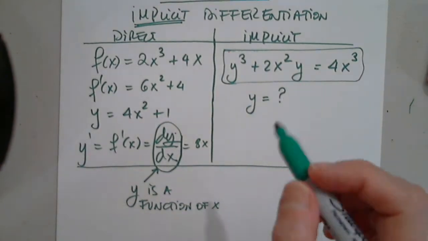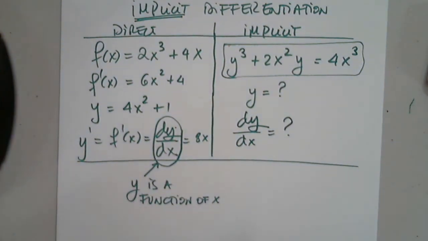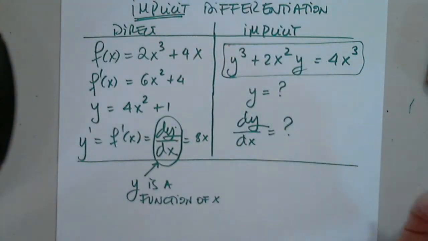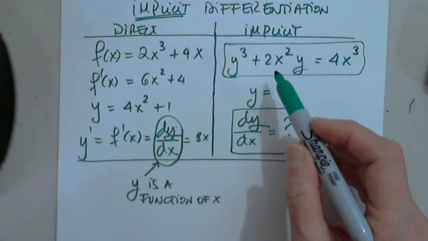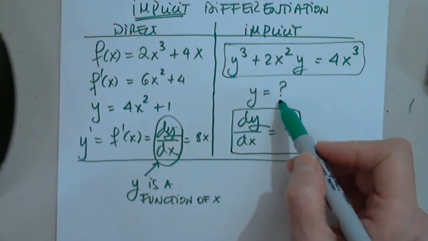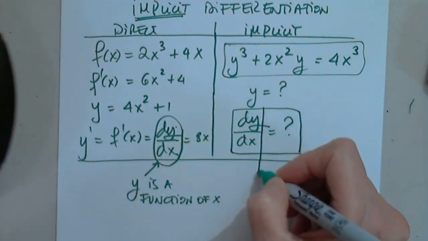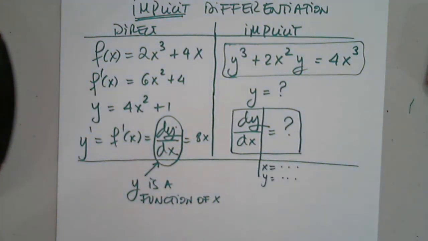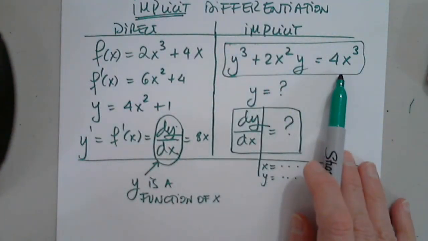But I can determine an expression that represents dy over dx. That is possible. It will depend on y, but it doesn't matter. I still will be able to determine an expression for the derivative of y that I don't even have. Again, it will be a function of y, because I could evaluate it for, let's say, x equals and y equals. So I'm not really interested in finding y here.